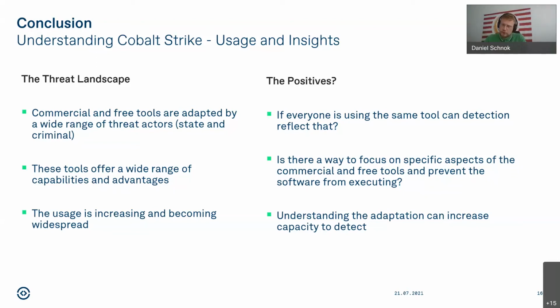this POC is exploiting. Are there positives? We will hear more about this, but I'm thinking you already know or feel the positives coming out of this. If everyone is using the same tool, can we maybe identify something in Cobalt Strike that helps us detect them?